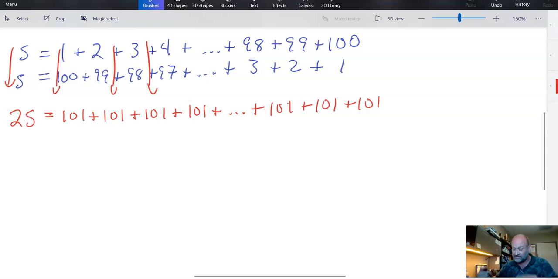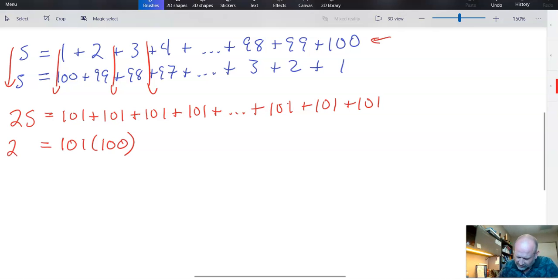If you add from opposite ends, which is really convenient, we know exactly how many 101s are being added. There's one for every term, right? So there's 1, 2, 3, all the way up to 100 of these 101s because there were 100 terms in the sequence in the beginning. So what we just did, we added the first term to the last term, and then we multiplied it by the number of terms, right? There's 100 terms, so that's 101 added up 100 times.